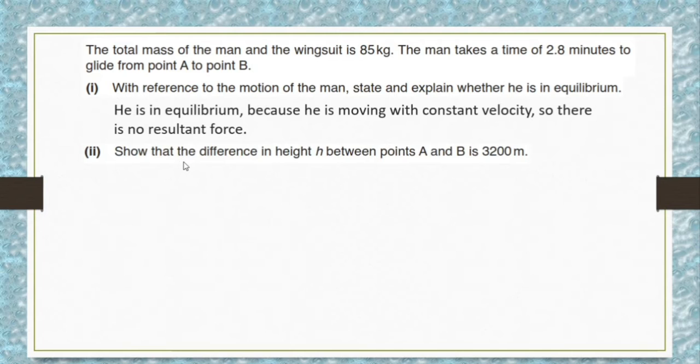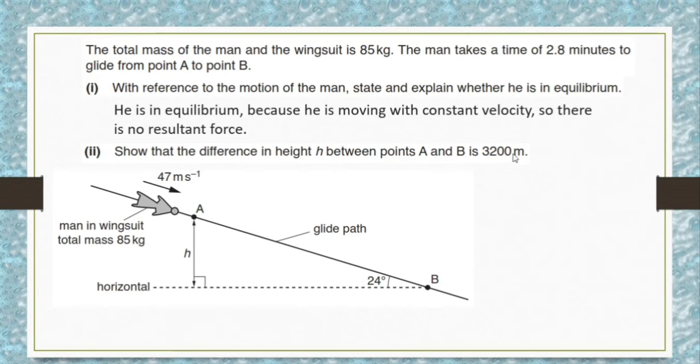Show that the difference in height h between points A and B is 3,200 meters. So we want to find this height. We can see this triangle, and you can use sine of 24 degrees equals h over AB. So first we have to find the value of AB. AB itself is the distance taken by the man. He is moving at constant velocity of 47 meters per second, and from A to B it takes 2.8 minutes.